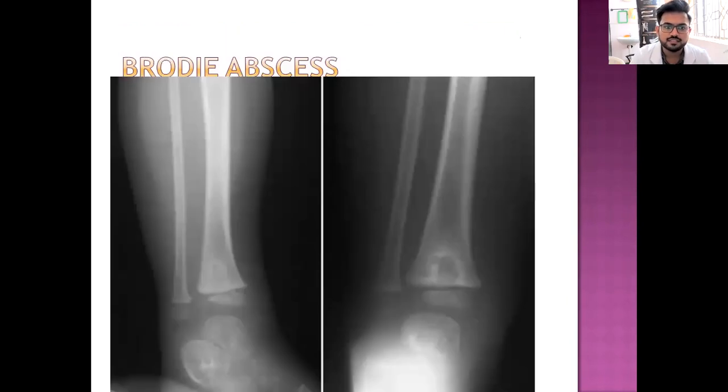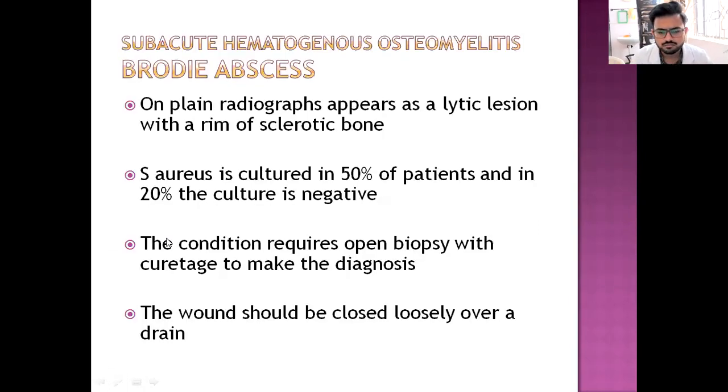Here in the diagram, we can see Brodie's abscess, and the patient will have localized pain and tenderness over a long duration of symptoms. On plain radiographs, it appears as a lytic lesion, so we can confuse it with other differential diagnoses. But we have to make sure that we compare it with the clinical features and the history.